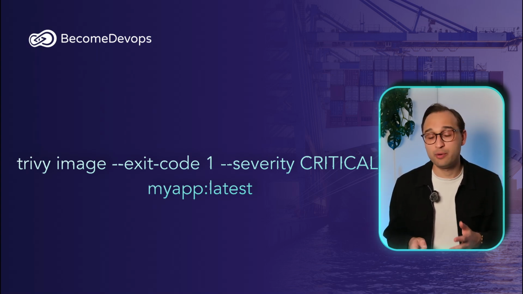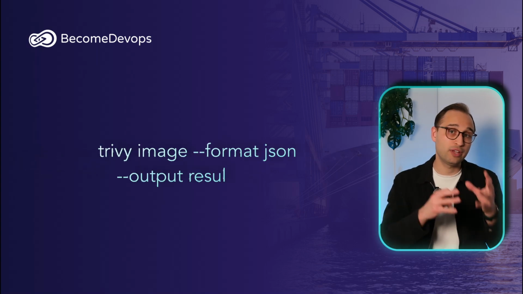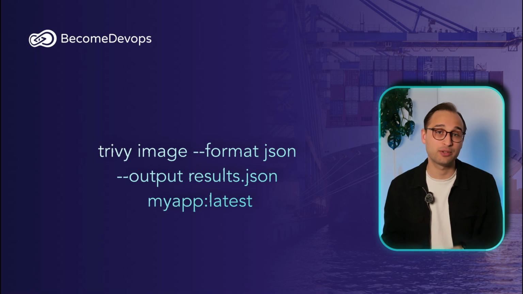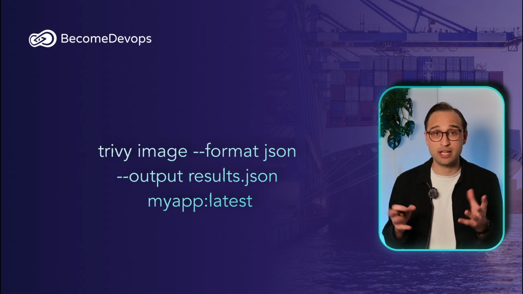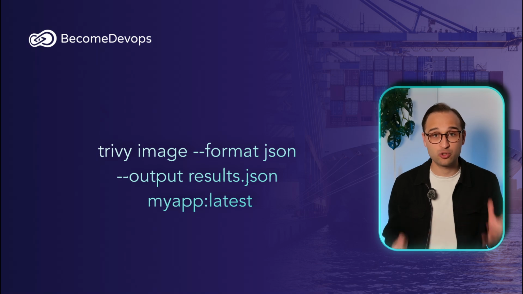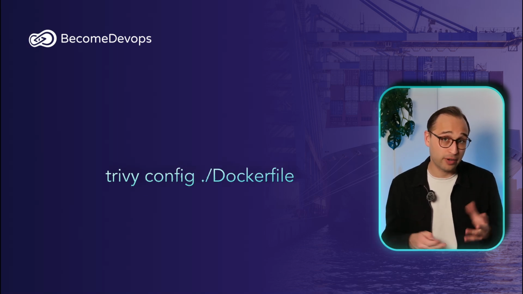We can output our report in JSON formatting. So for that we will run trivy image --format json, and then we also provide the name of the file. So in this case it will be results.json. We can scan a local Dockerfile without building it with trivy config and then the Dockerfile.